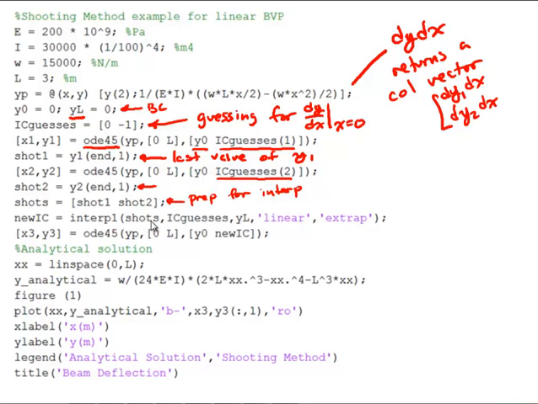Let's look for a second at how we're interpreting what we're doing here. We can imagine our yn values on the x-axis and our initial condition guesses on the y-axis.